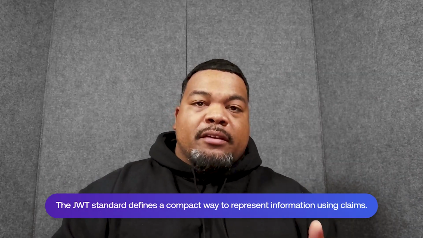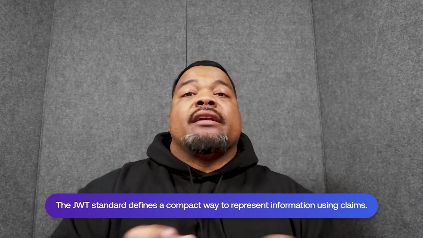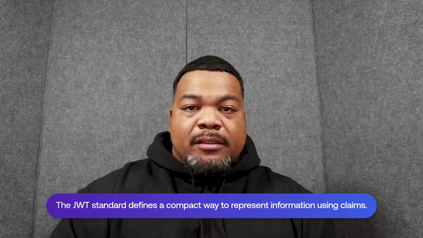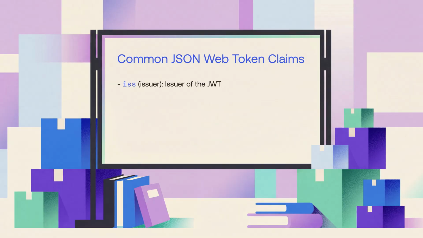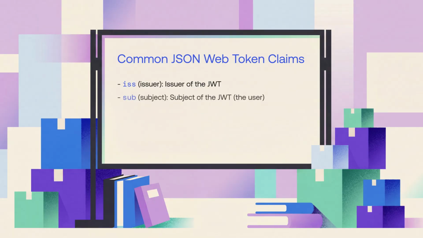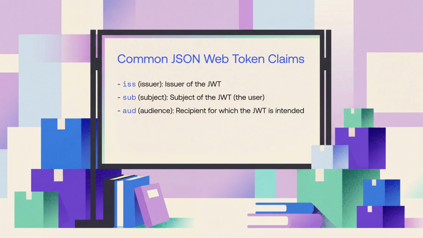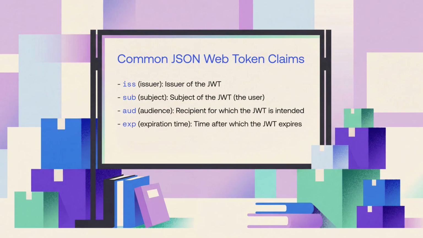The JWT standard defines a compact way to represent information using claims. Standard claims include iss, which is the issuer, the person who sent it. Then sub, which is the subject, or who the information is about. Aud, which is for the audience. Who is this payload for? And exp is when it expires.